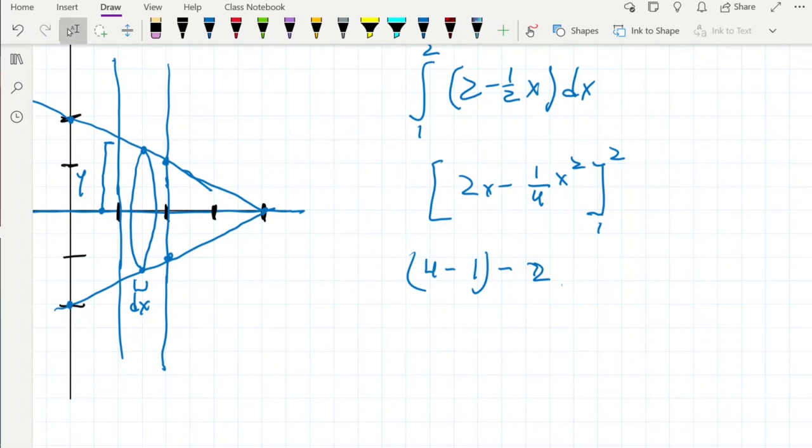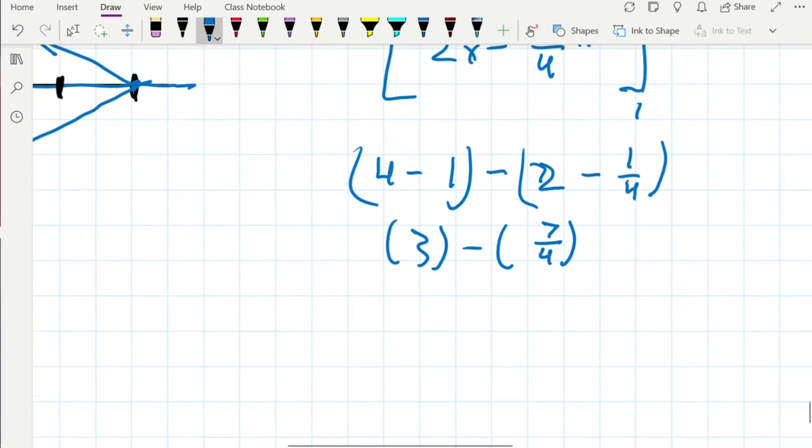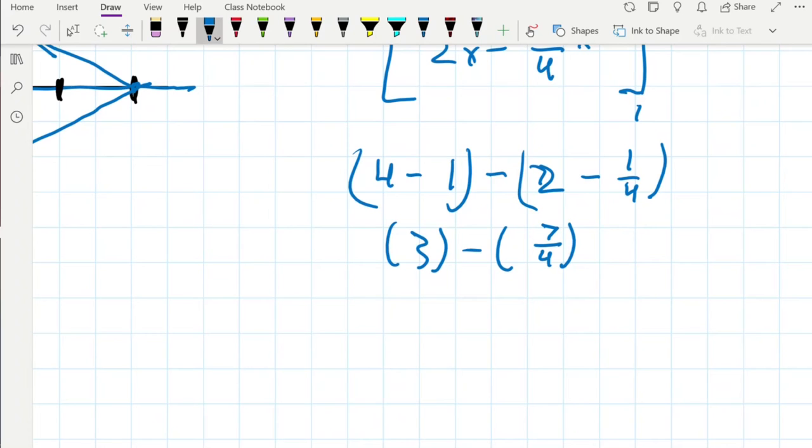There we go. And that's supposed to be a minus. All right, so we got 3 minus 2 minus 1 over 4. That's going to be 7 over 4. So then we're going to multiply this by 4 on top. So it's going to be 12 over 4 minus 7 over 4, which is going to equal 5 over 4.